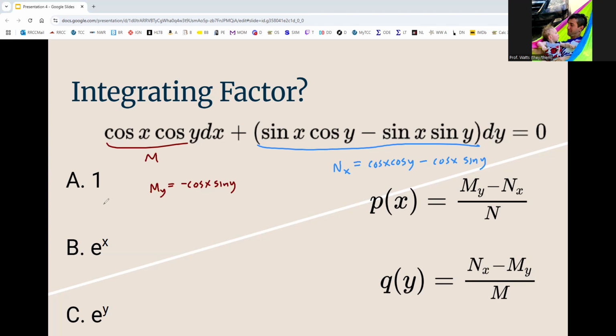So trying out subtracting n_x minus m_y, we can see that the negative cosine x sine y will cancel with the negative cosine x sine y, and we'll just get cosine x cosine y. When we divide by m, we get 1.